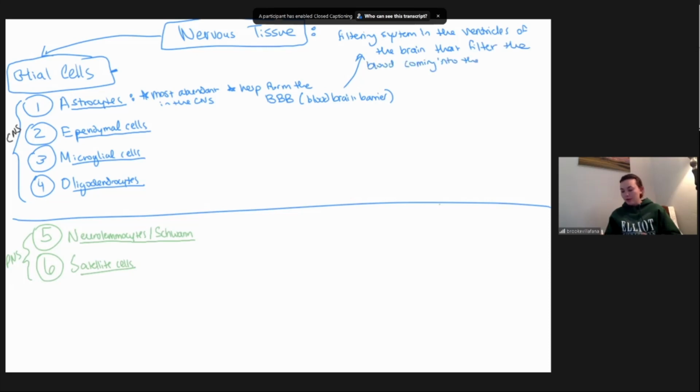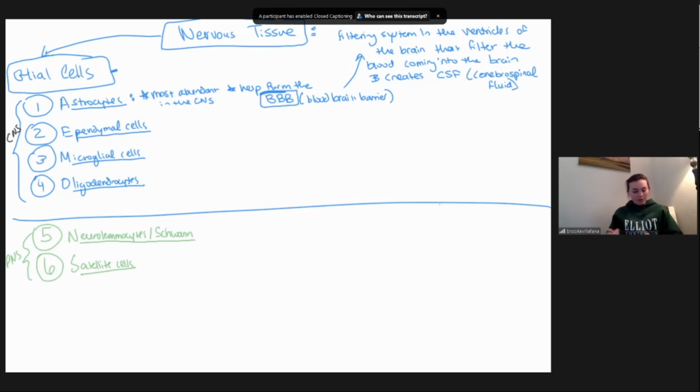So the blood-brain barrier is like a filter, a sieve, a mesh that filters that blood coming into the brain and creates CSF or cerebrospinal fluid. So creating cerebrospinal fluid through the blood-brain barrier.